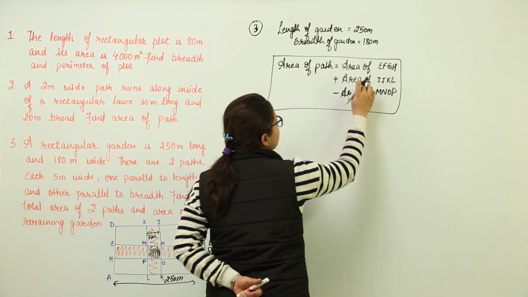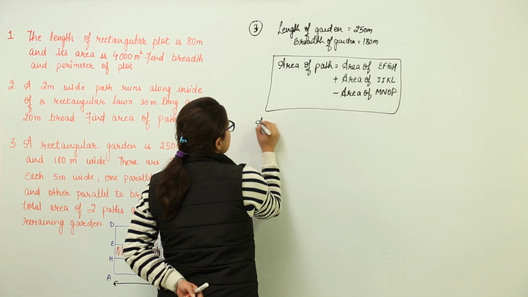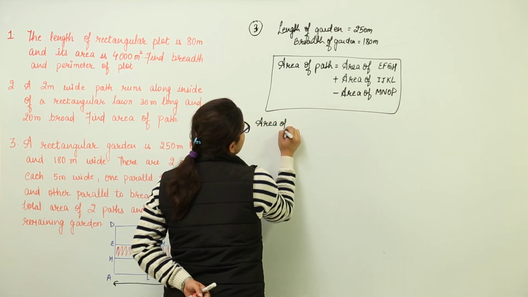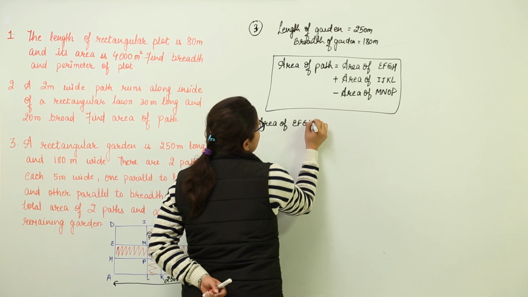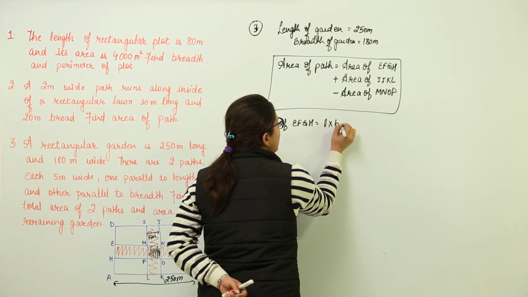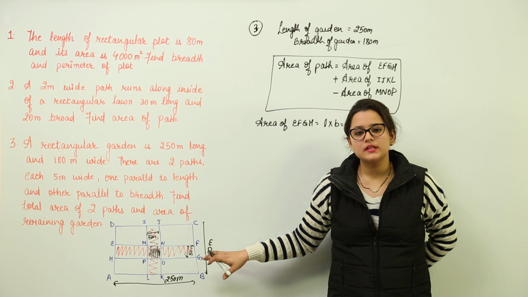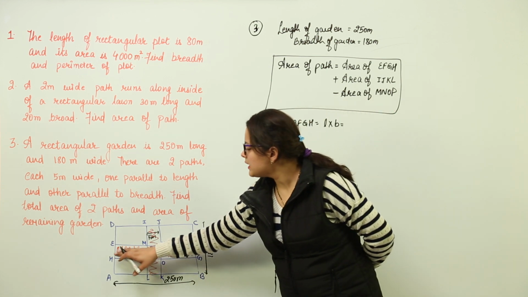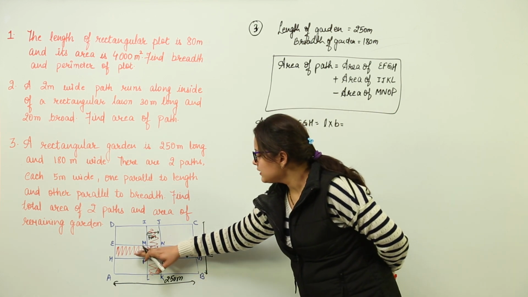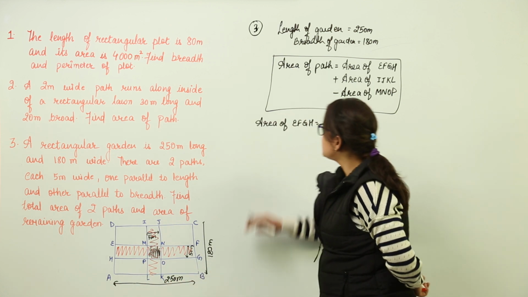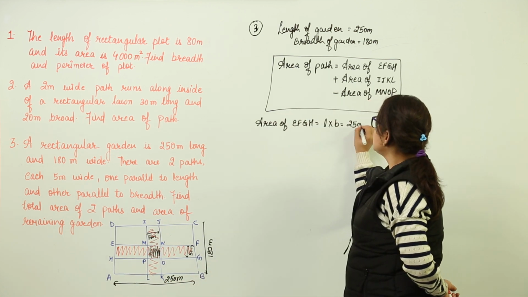First of all, we have to calculate all the three individual areas. Area of EFGH would be equal to length into breadth, as it is representing a rectangle only. So what will be the length of EFGH? The length will be equal to 250 meters. So we'll write 250.